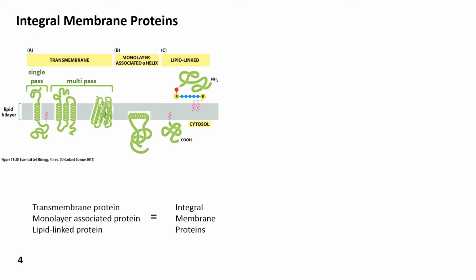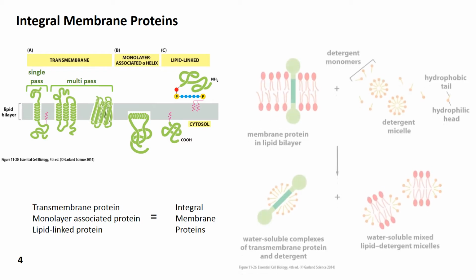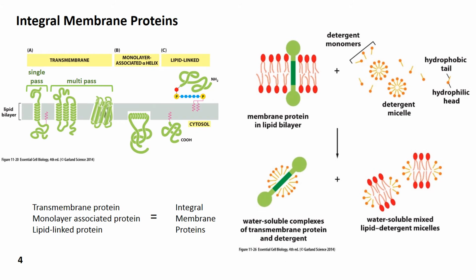In either case, all of these are integral membrane proteins, and in order to disrupt the association between integral membrane proteins and the other components, i.e. the lipids of biologic membranes, we need to use detergents.